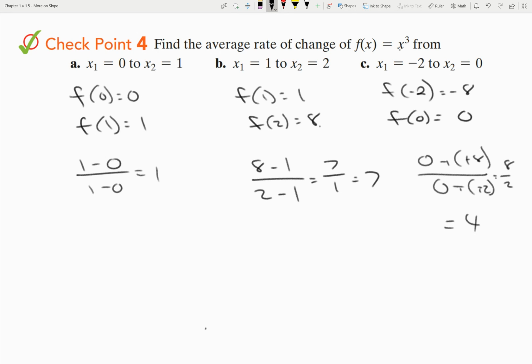And if you think about what a cubic looks like, you can see that if I'm going from a smaller number to a bigger number, negative 2 to 0 is going to give me a positive slope. 0 to 1 is going to give me a positive slope, and 0 to 2 is going to give me a much bigger slope. Terrible picture there, but we'll deal with those in the next section.